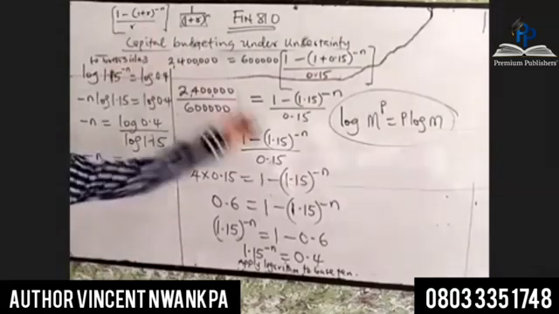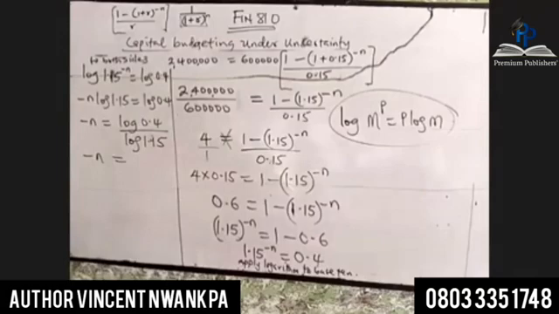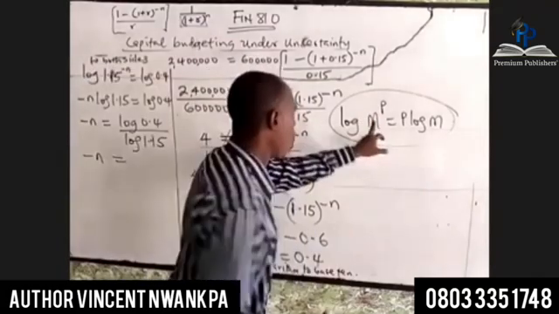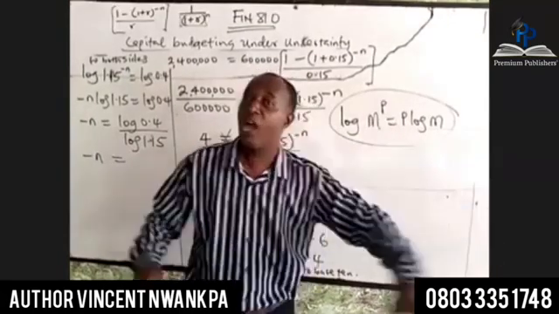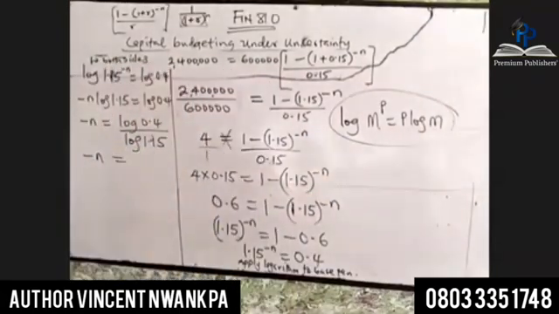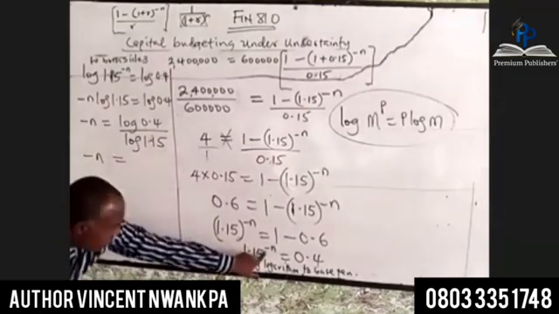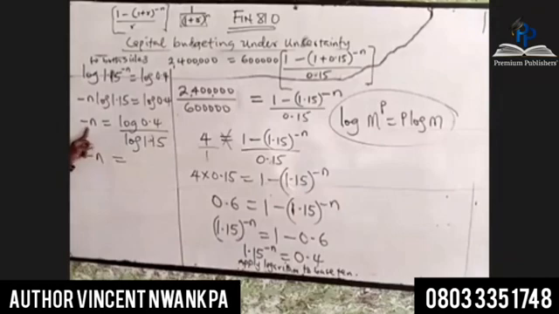They said we should follow the law. So the power comes down. This power is here, so I divide and you get 6 point something.